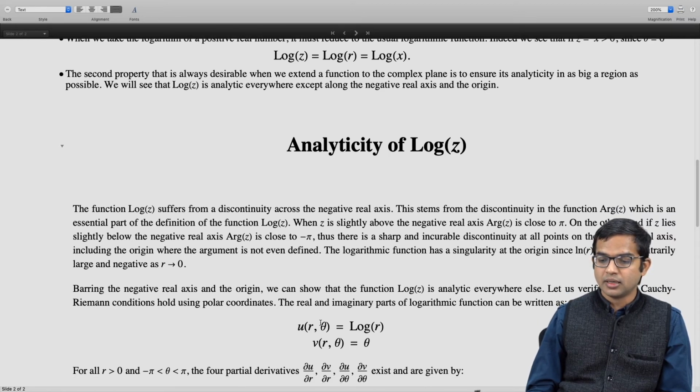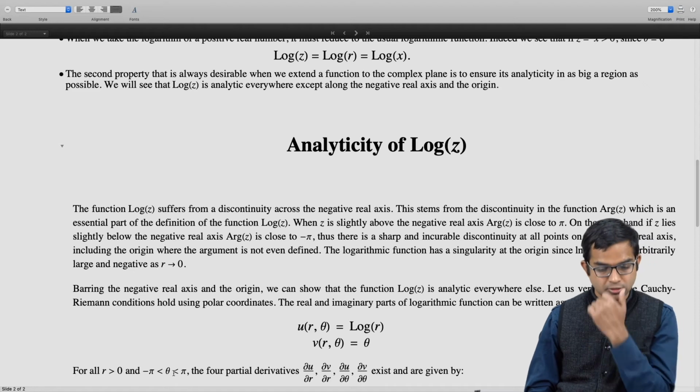If you look at the real and imaginary parts of the principal value of the log function, you can write u of r comma theta as just log of r, and v of r comma theta as just theta, for all r greater than 0 and minus pi less than theta less than pi, right? So theta equal to pi is not included.